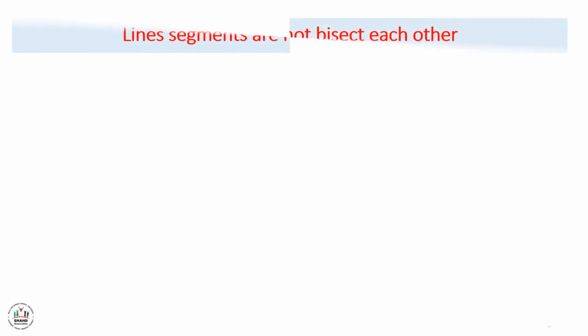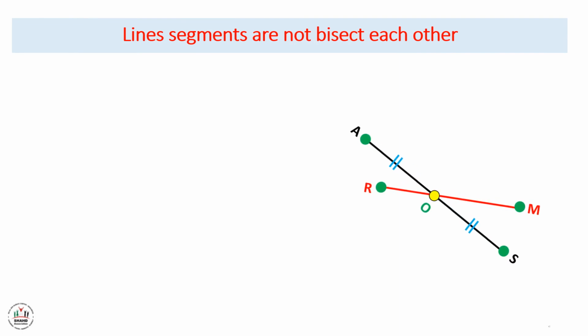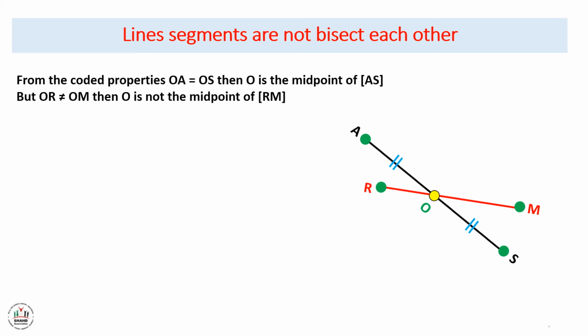Now, line segments that do not bisect each other, like this figure. From the coded properties, OA is equal to OS. Then O is the midpoint of AS.